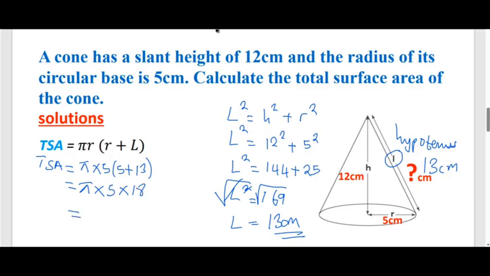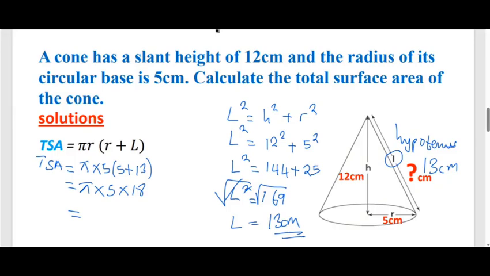Then we just need to punch on our calculator. So you punch pi times 5 times 18.